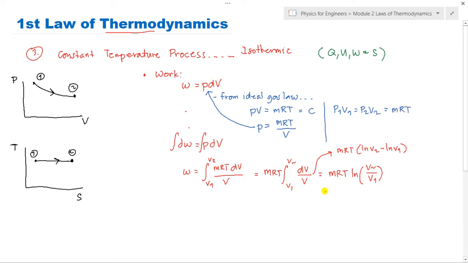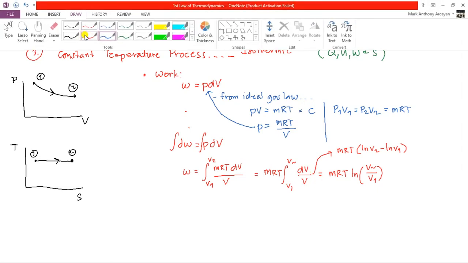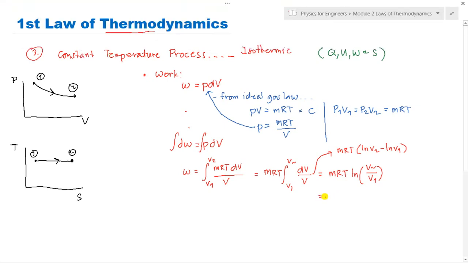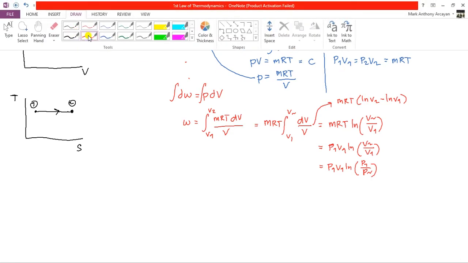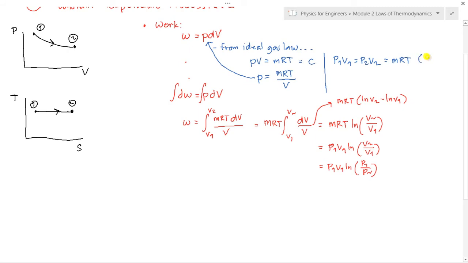So we can represent the mRT in either way. You can have W equals P1 V1 ln of V2 over V1, or you can have P1 V1 ln of P1 over P2. You can verify that they are equal. Of course, from this relation, since we have constant temperature, this is Boyle's law.